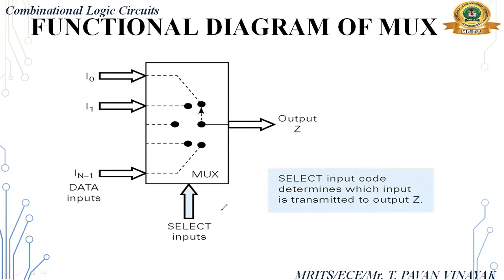If I select S equal to 0, this input is connected to the output. If S is equal to 1, this input is connected. Like that, based on S, the input will be connected to the output. Demux is the reverse process of the multiplexer.